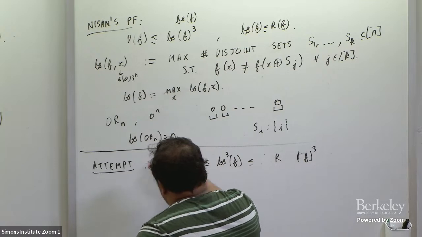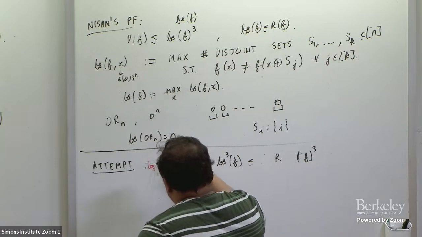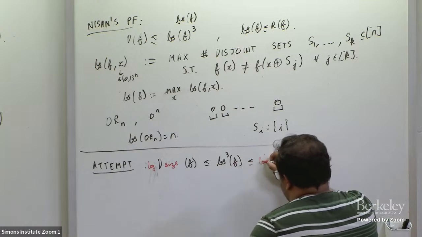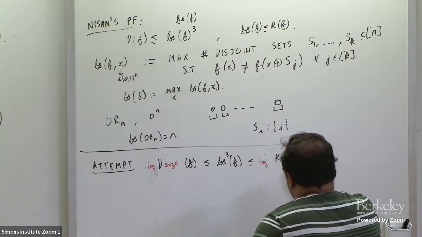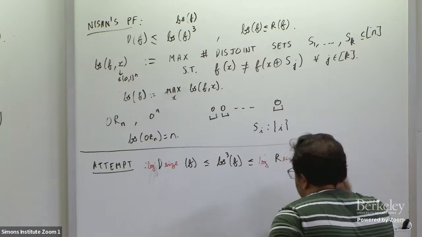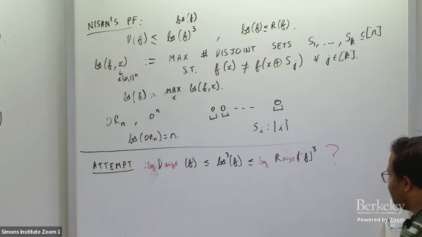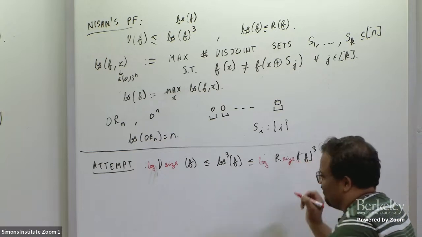I'm going to replace D(f) by log of the decision tree size of f. Does anyone see a problem with this?